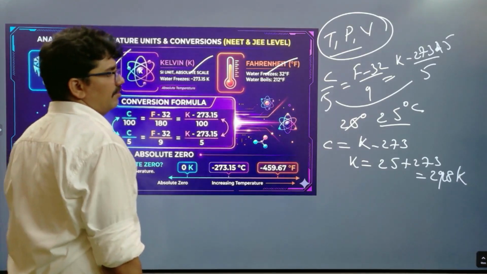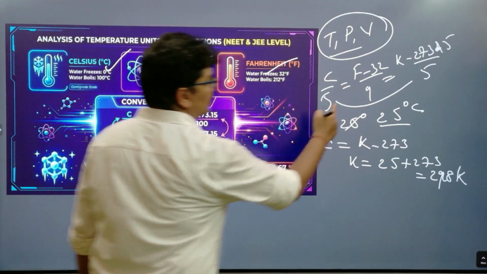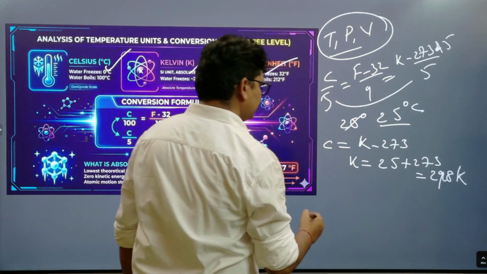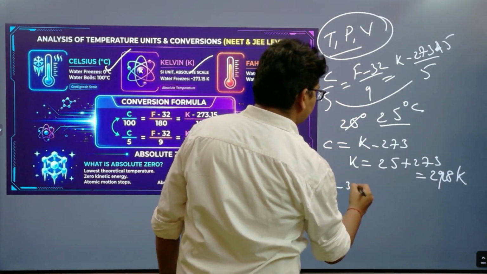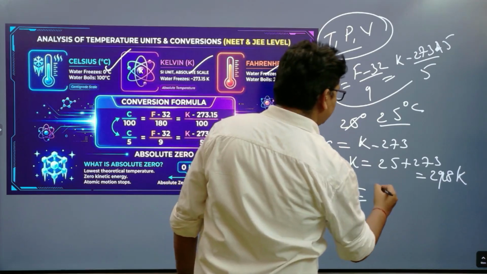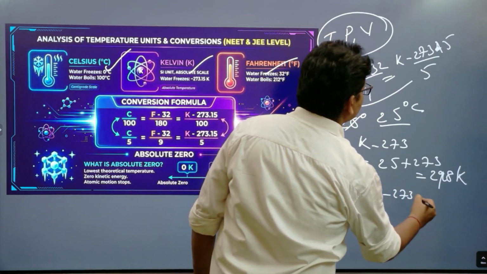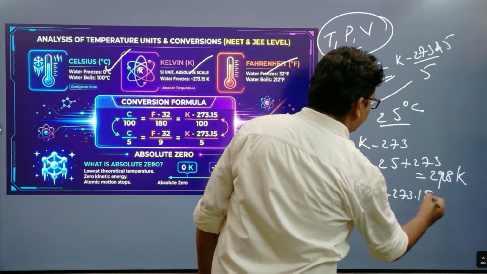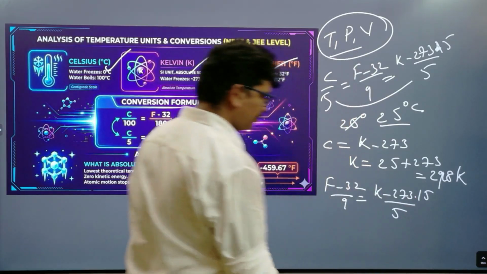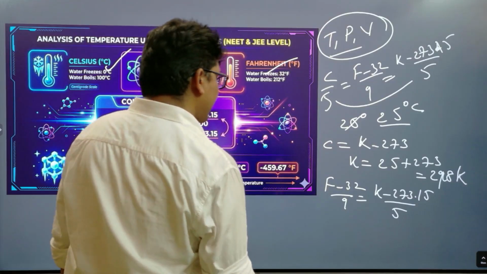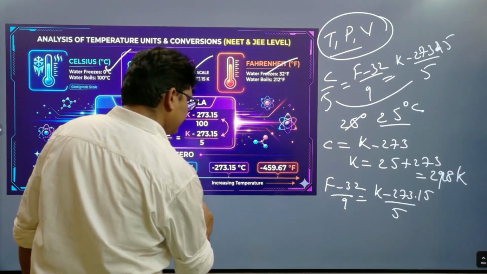Suppose Fahrenheit is given. So Fahrenheit means take this relation. What is that? F minus 32 by 9 is equal to K minus 273.15 divided by 5. I want Kelvin scale from this.